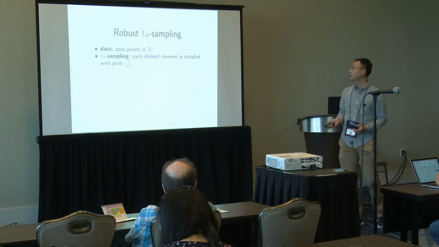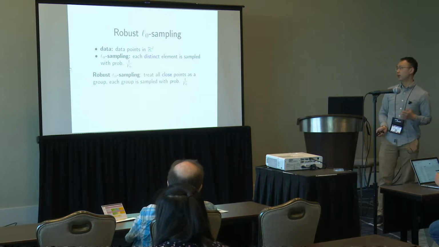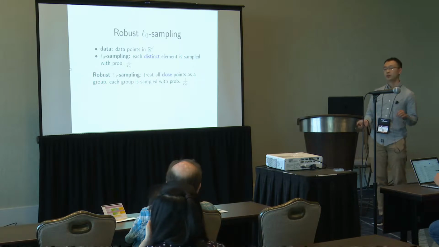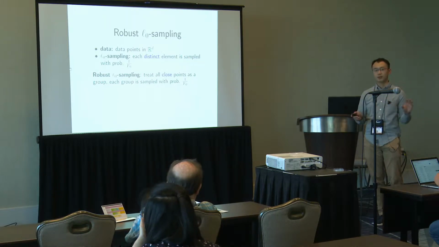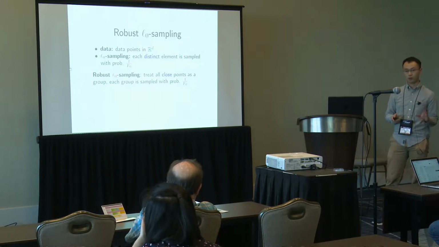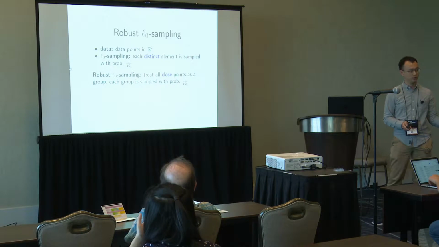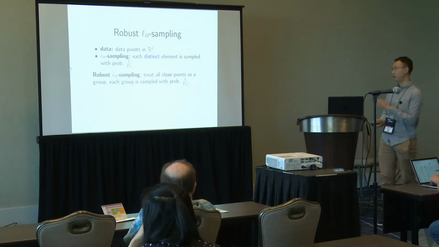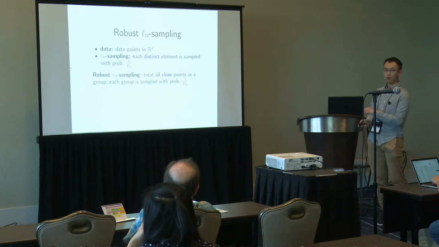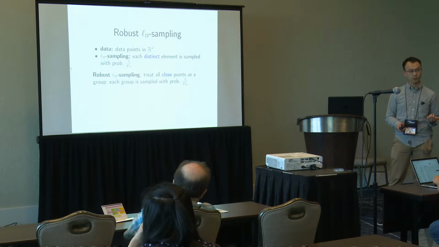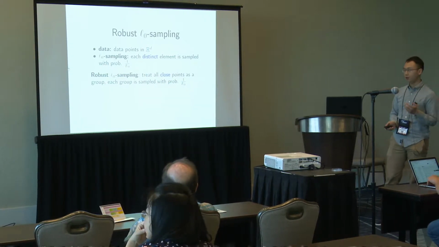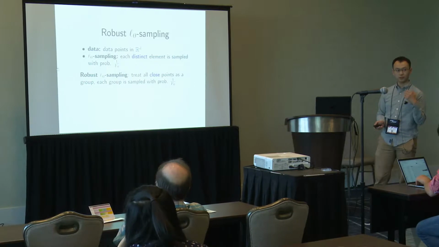For robust L0 sampling, in the data stream we might have similar data points, and we want to treat all those data points as one group. So we essentially want to sample from those groups, each group sampled with probability 1 over F0. Here, F0 is no longer the number of distinct elements, but the number of groups.